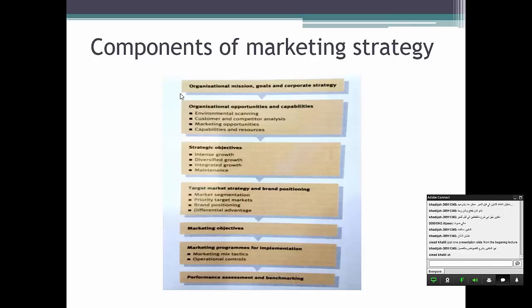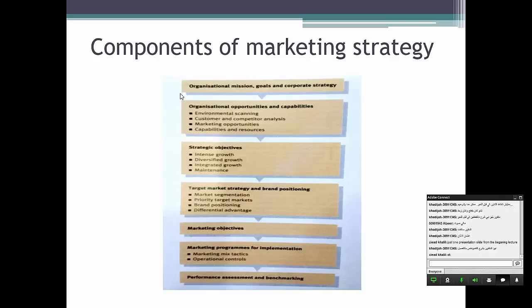And then there is also the marketing objective. Marketing objectives means what you want to achieve from the marketing activities, like for example the promotion.